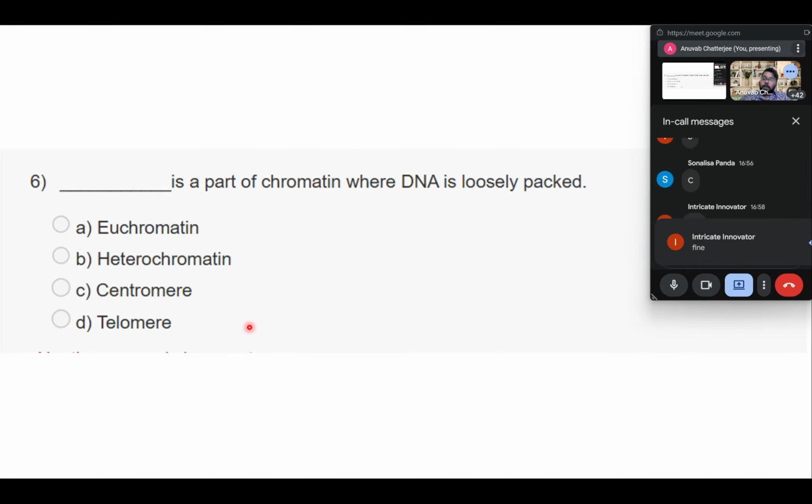Okay. Next, blank is a part of the chromatin where DNA is loosely packed. The options are euchromatin, heterochromatin, centromere, and telomere. I'll give you a second to figure this out.